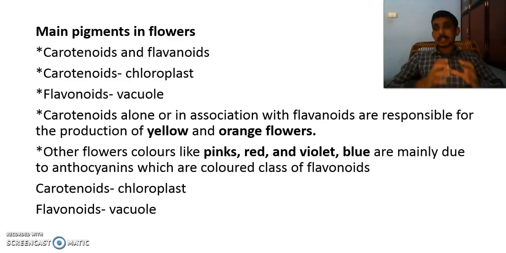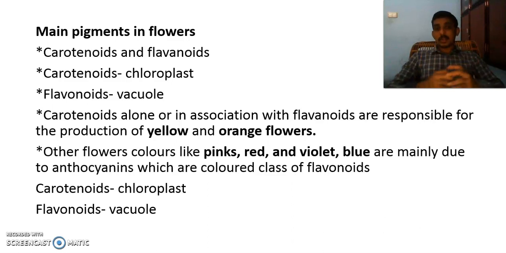A plant cell possesses a large vacuole which occupies more than 70% of the total space of the cell. Within that vacuole there is a lot of compartmentalization for storing various kinds of material. Some compartments carry waste material, some carry hormones, and some carry flavonoids also. So the main location of flavonoid is the vacuole.